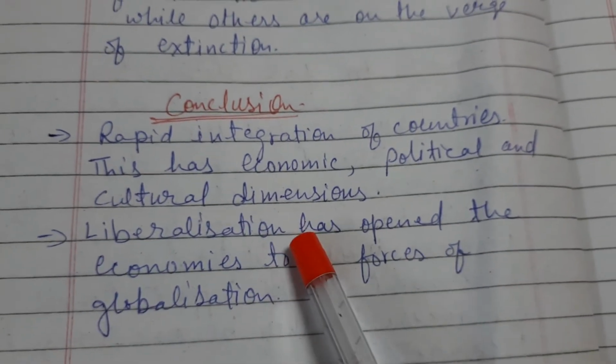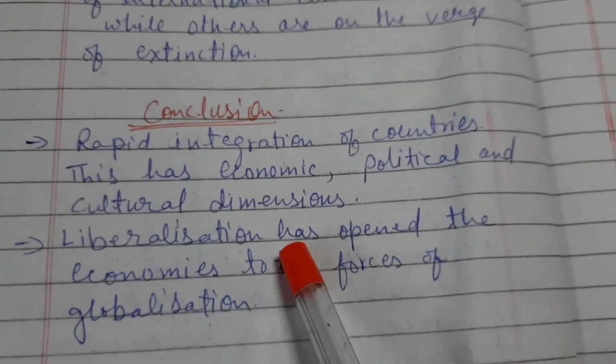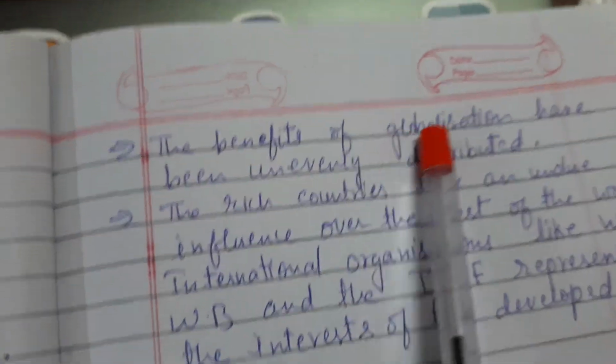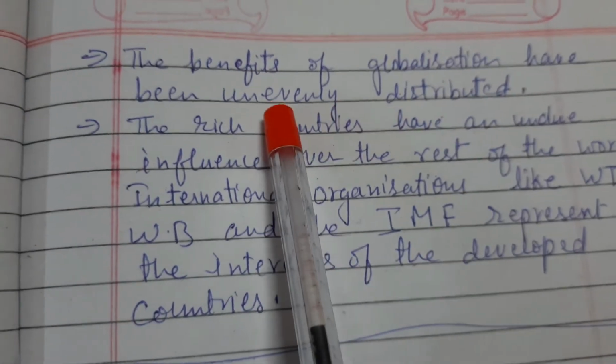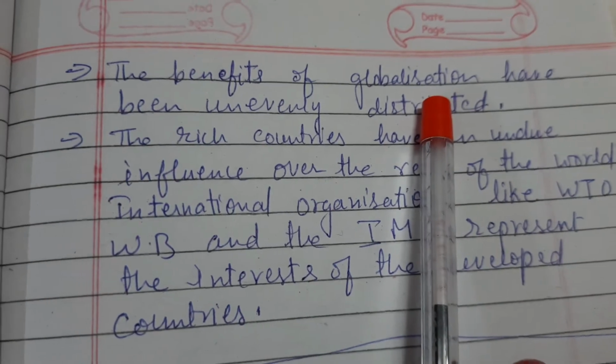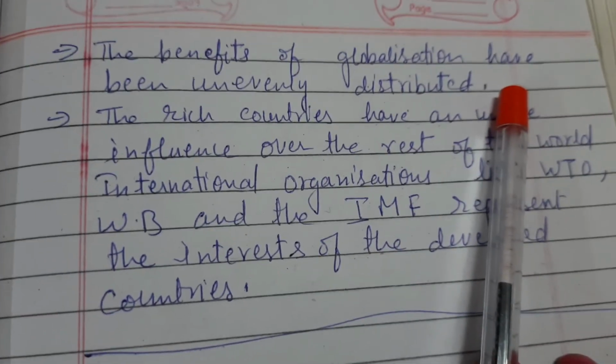Due to the economic factor, globalization is very important so that people can do trade. Another thing, children, is that the benefits of globalization have been unevenly distributed. Some people have benefited and have become millionaires, and some have perished from the market.